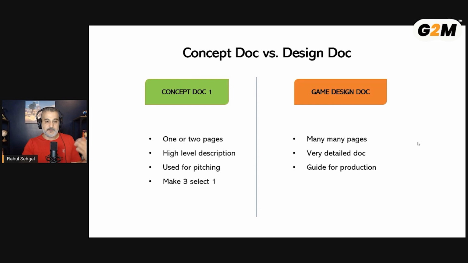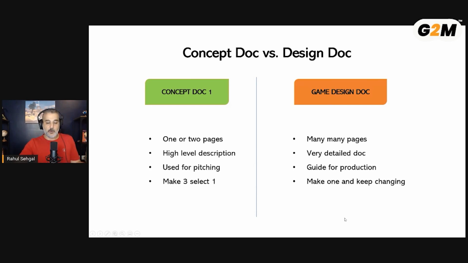Essentially in Gamer to Maker we have a principle of make three, select one. So we come up with three ideas, we pitch those three ideas, and then we select one, and then we make a game design document. And the game design document, you make only one, and you have to keep changing it as it goes by.